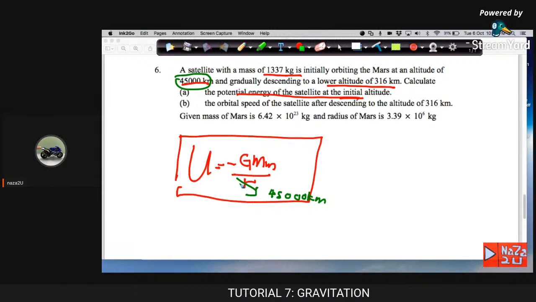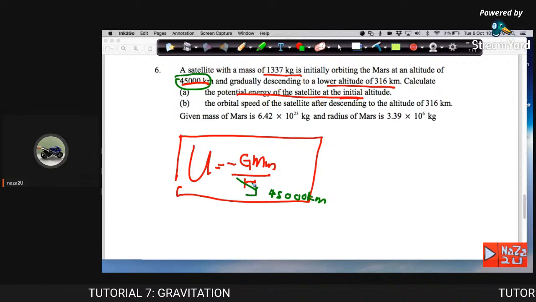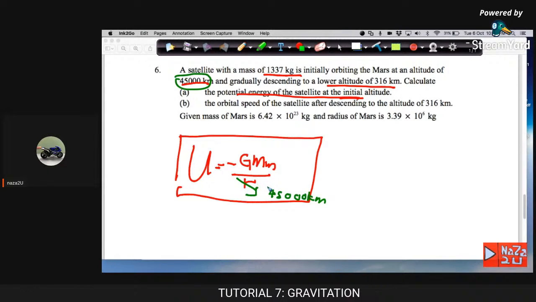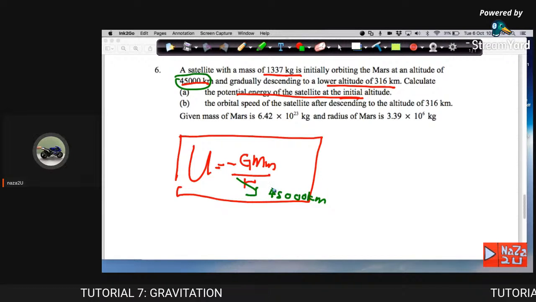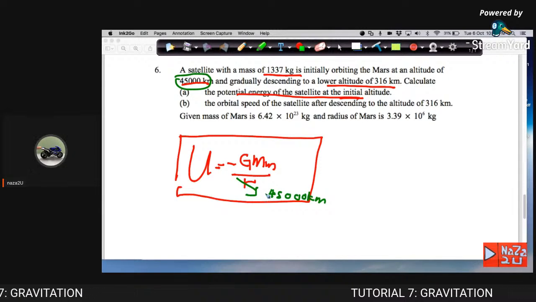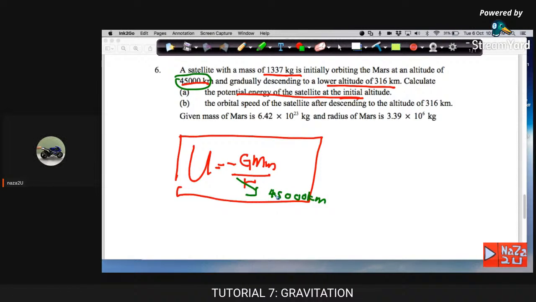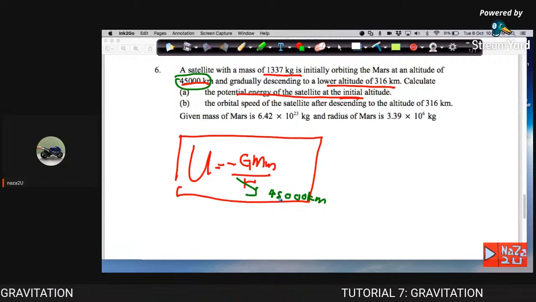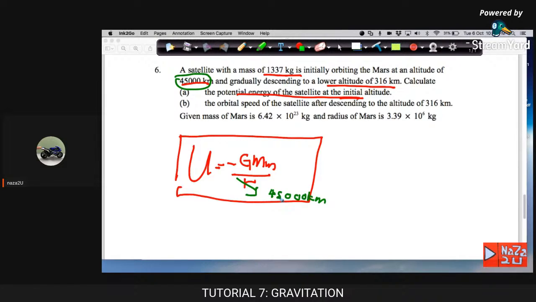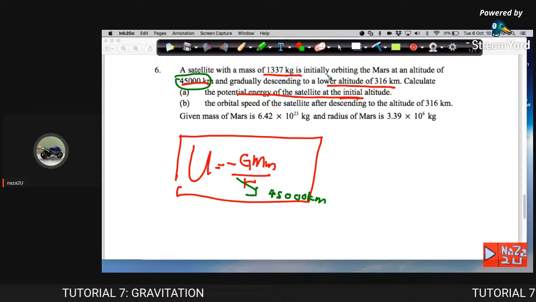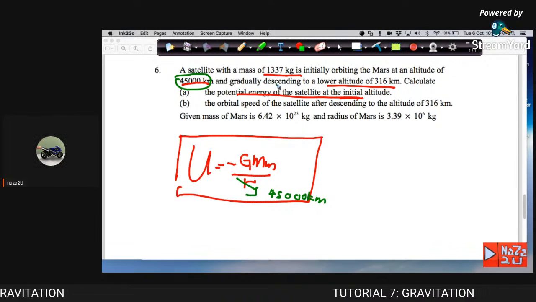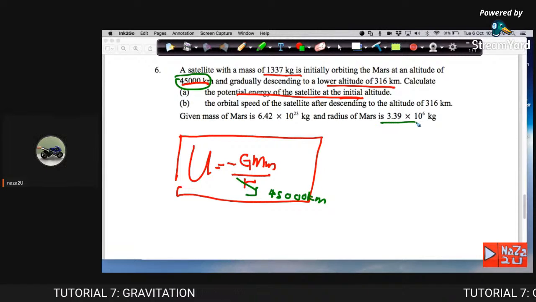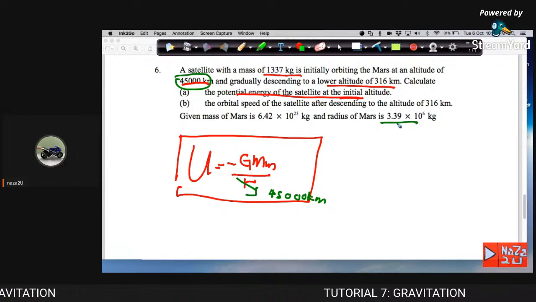Tapi kita kena ingat rumus ni, R kat sini merujuk kepada radius yang mana. Radius Mars is 3.39 exponent 6.